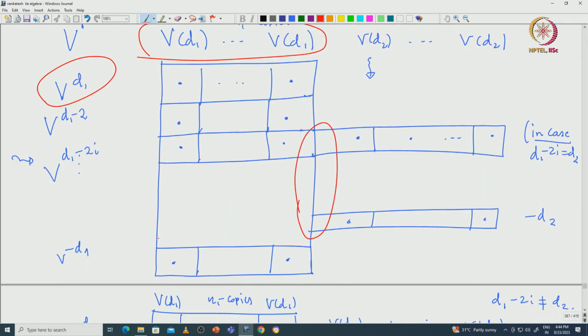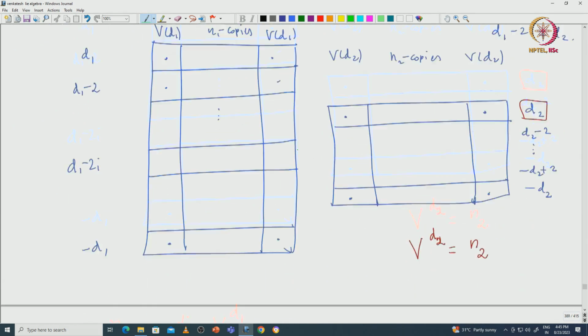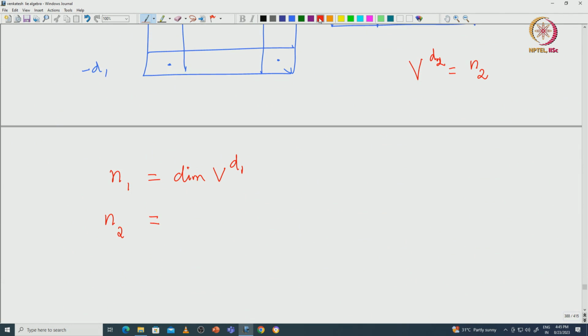In case there is a matching, that means D1 minus 2i is equal to D2, then there is a contribution of this D1 minus 2i eigenspace coming from V_D1, and similarly there is another contribution coming from V_D2. So, the dimension of V_D2 will become exactly equal to N1 plus N2.